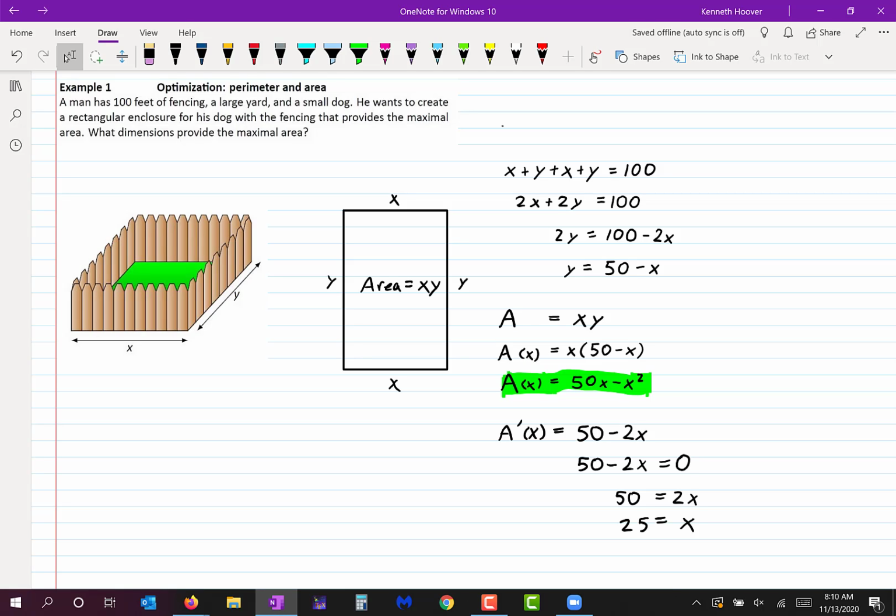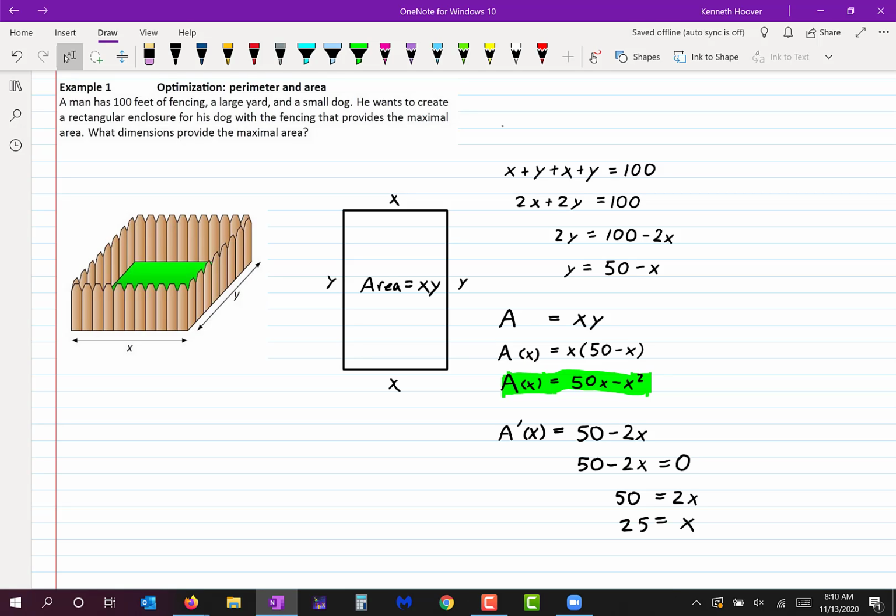I just found the critical number, right? And like I said, I only found one critical number, so I suppose that must be the answer. But in general, if somebody asks you to maximize something or minimize, you start off by finding the critical numbers. There sometimes might be more than one.